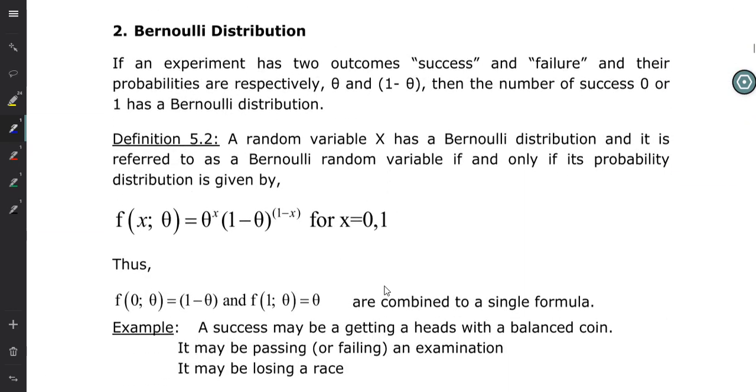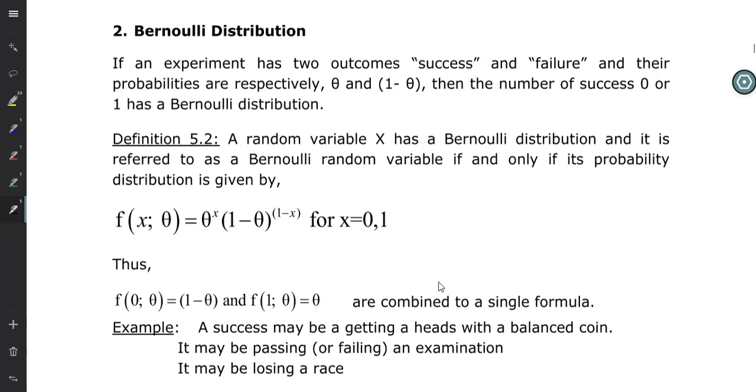Okay, now we move on to the second widely used distribution, which is called the Bernoulli distribution. When an experiment contains only two possible outcomes, let's say a success and a failure, and the probability of success is theta and the probability of failure is 1 minus theta, then the number of successes, 0 or 1, has a Bernoulli distribution.